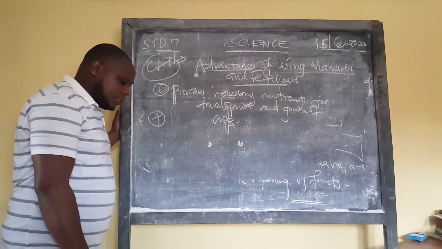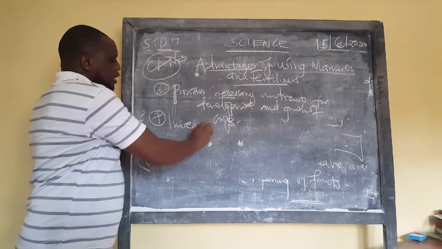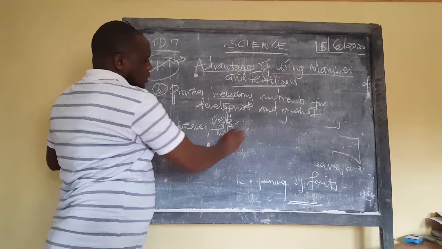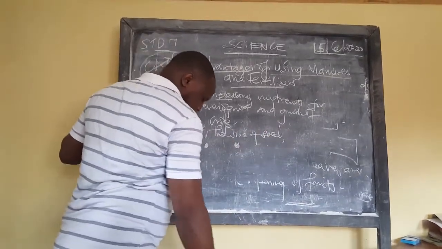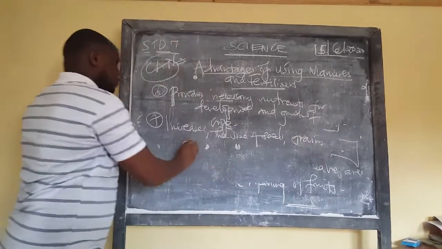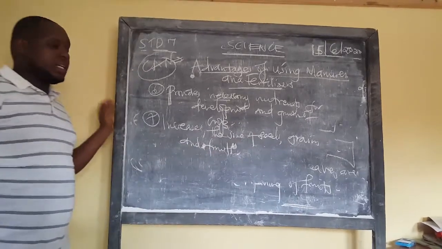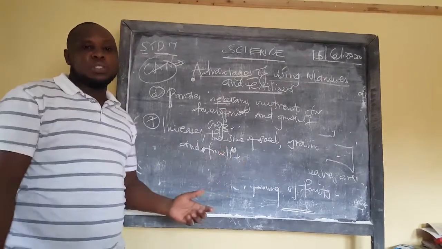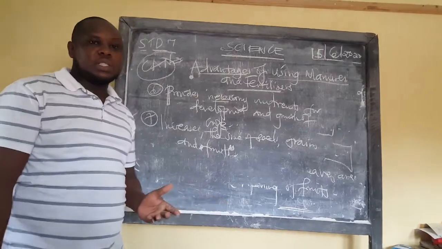It increases the size of seeds, grains, and fruits. The use of fertilizers and manures increases the size of seeds, grains, and fruits. Sometimes you go to the market in the kibanda to buy some tomatoes. You find some small tomatoes and other big tomatoes. The difference is brought about by the use of fertilizer and manures.